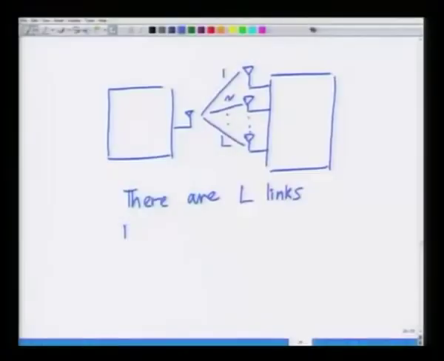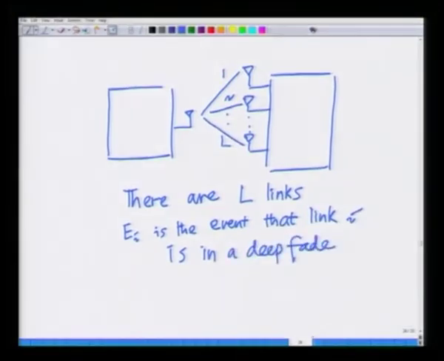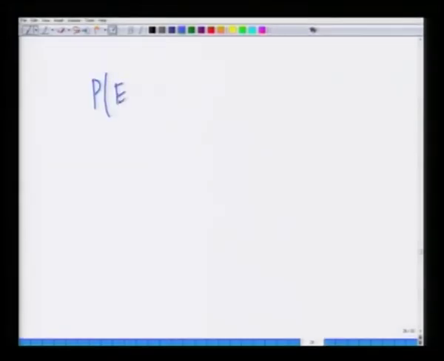So, if Ei is the event that link i is in a deep fade, what am I looking for? The net deep fade event is P of E1 intersection E2 intersection up to EL. That is, I need all the links to be in a deep fade for this system to be in a deep fade.